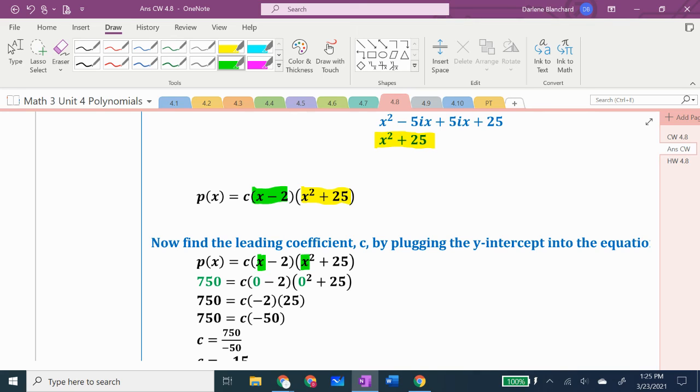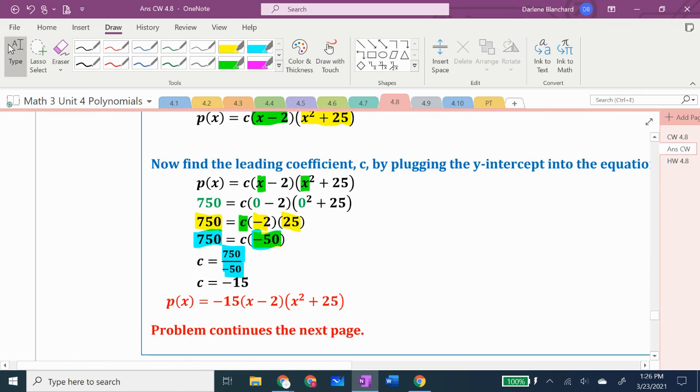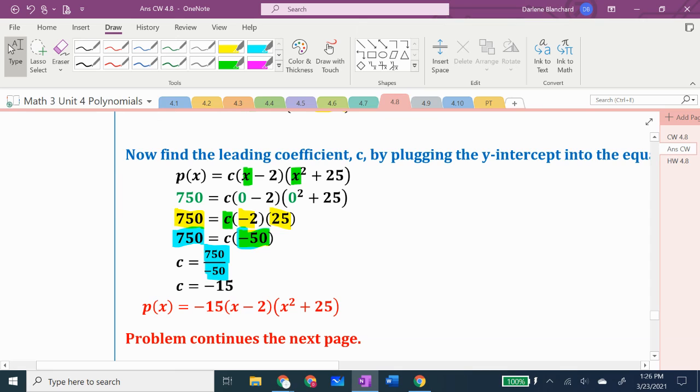But when I plug in 0, I end up getting whatever my leading coefficient is, multiplied by negative 2, multiplied by 25 must equal 750. Negative 2 times 25 is negative 50. So then I divide 750 divided by that 50 will be my leading coefficient, and that leading coefficient is 15.